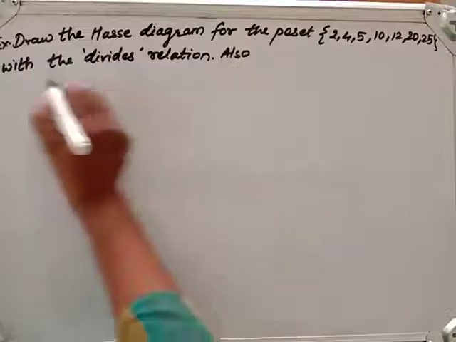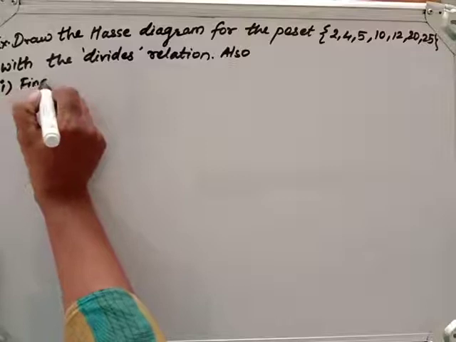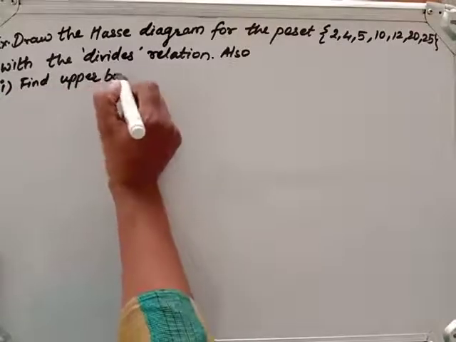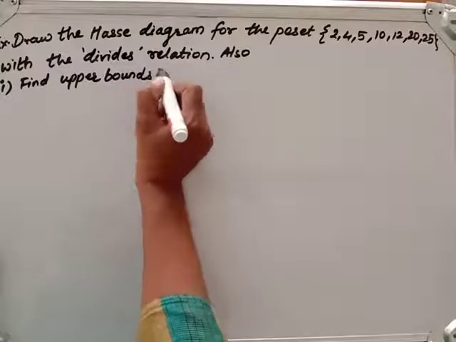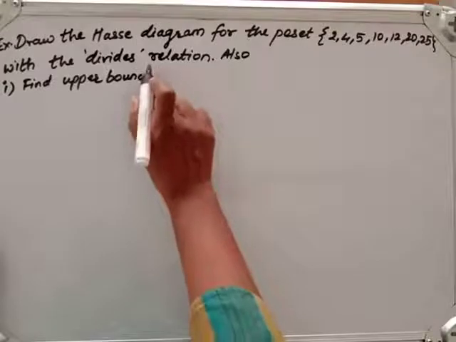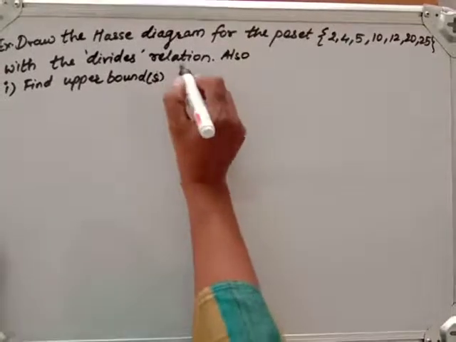Also, first one, find upper bound or bounds. It may be singular or plural. If more than one, then plural.